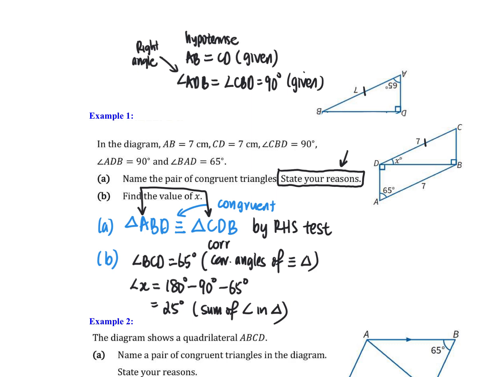So what is the one side that is the same? Is this one, because it's a common side. So you can say DB is a common side. If you don't like the word common, you can write shared. Both triangles share the same base. So that's why you can use RHS test.